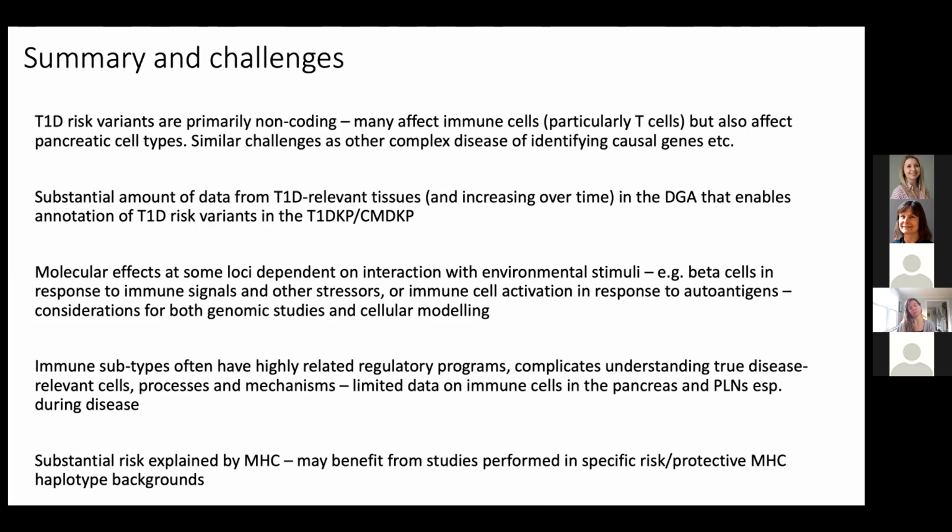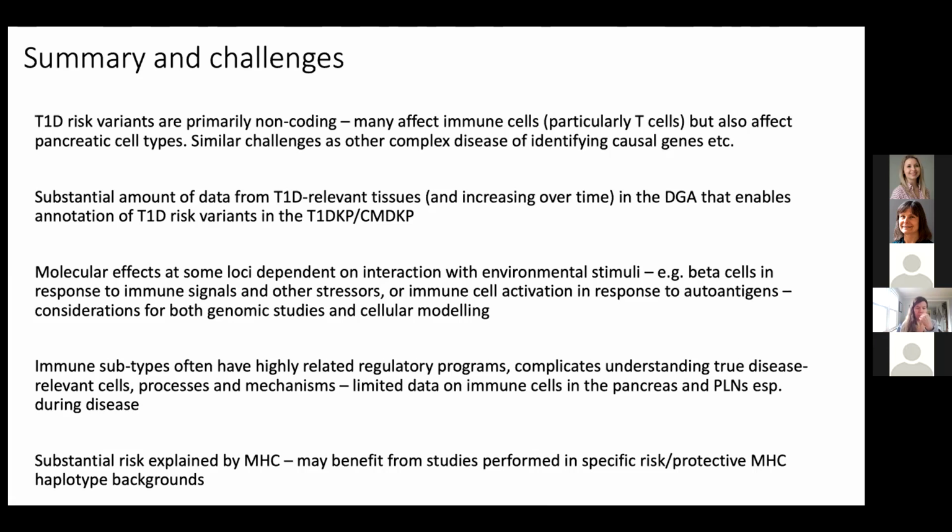That means it needs to be considered in genomic studies, in how you effectively generate data that captures those effects, and in cellular models to study the effects of these variants and genes to understand how they contribute to disease. Another challenge is that immune subtypes are very related and have highly related regulatory programs, which can complicate understanding true disease-relevant cells, processes, and mechanisms, because there's a lot of sharing between the regulatory information.